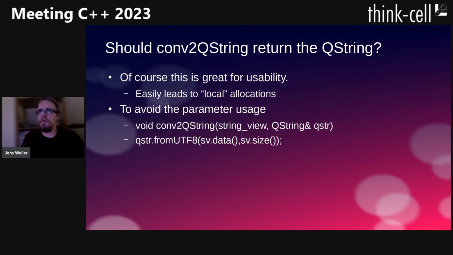To avoid this very easily, we would make an out parameter which takes the QString by reference. Another thought was that maybe QString has fromUtf8, and maybe there's a version of fromUtf8 to just put in a pointer and a size and have this then internally be used with the allocation of that instance.